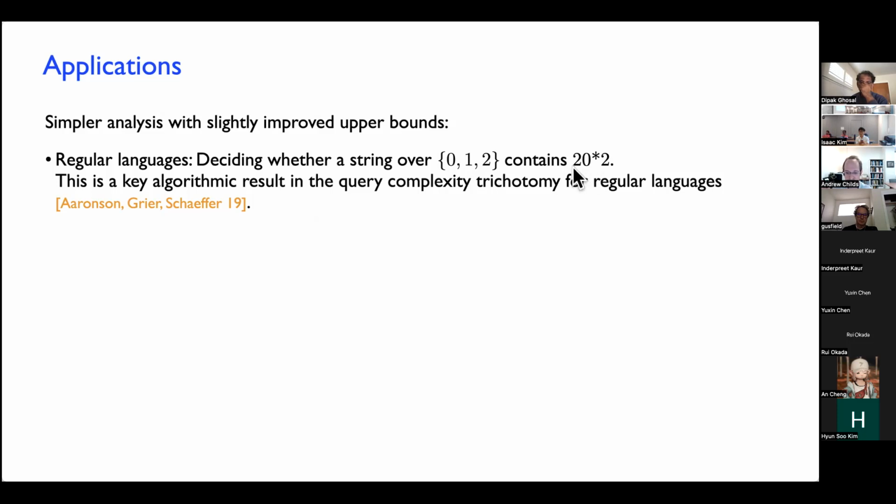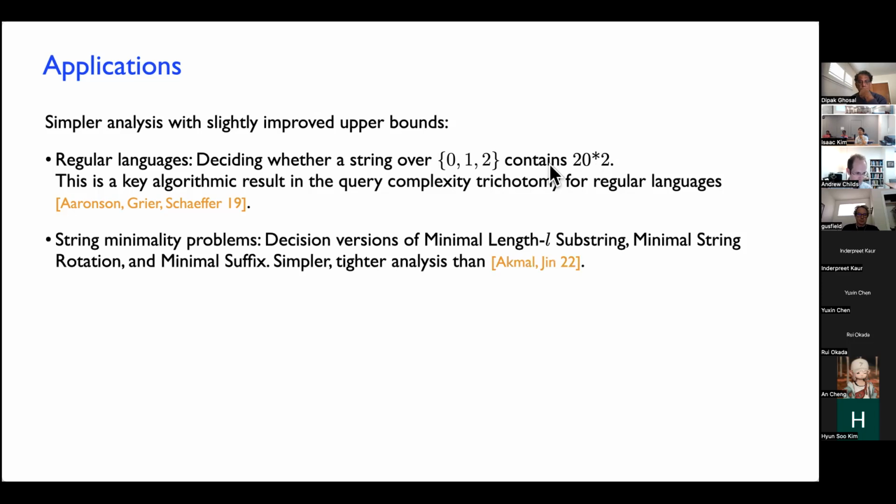This regular expression means a 2 followed by any number of zeros followed by a 2, right? So you've got some string and you want to know, does it have this sitting inside it somewhere? We give a quantum algorithm for this problem where the log factors are slightly tighter, and using our framework, it's pretty easy to see why you can do this in square root of n quantum queries, if the length of the string is n.